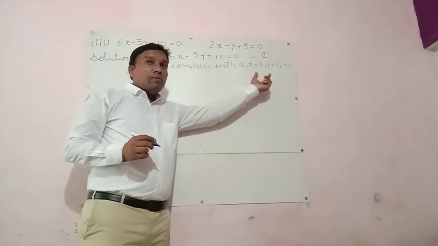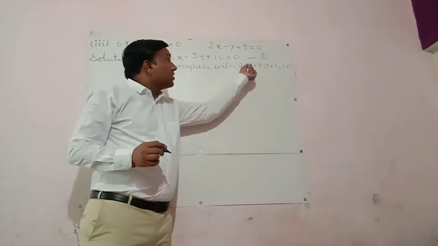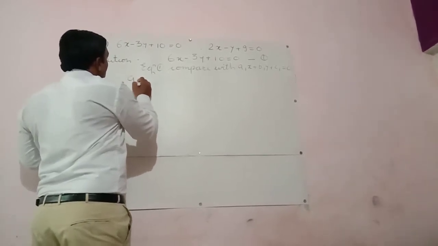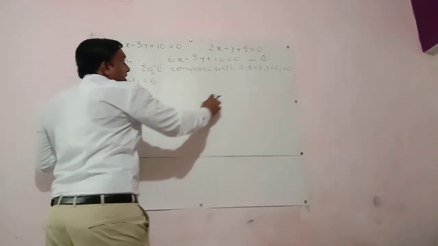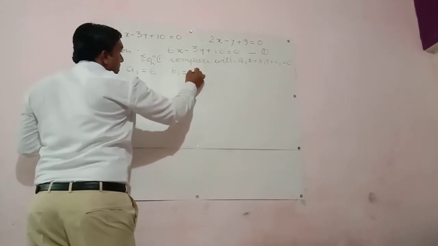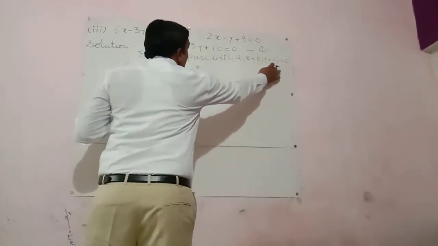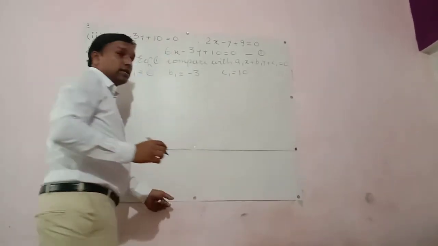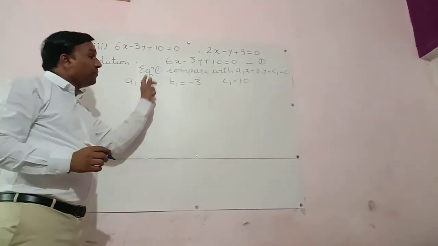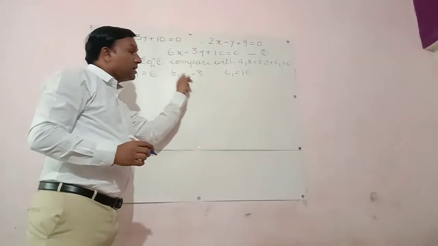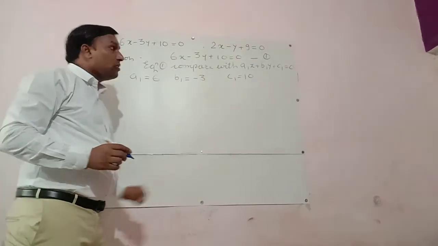Now if you observe, our coefficient a1 equal to 6, b1 equal to -3, and c1, that is the constant, equal to 10. So here we get the coefficients a1 equal to 6, b1 equal to -3, c1 equal to 10.